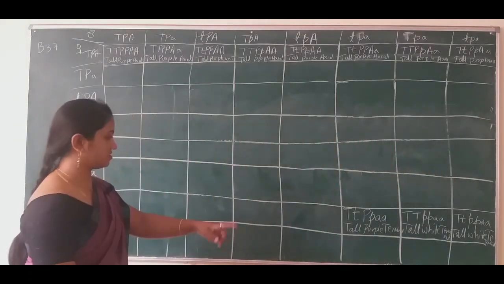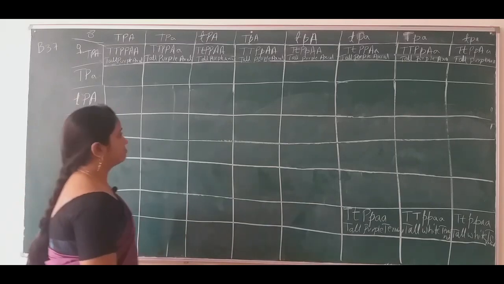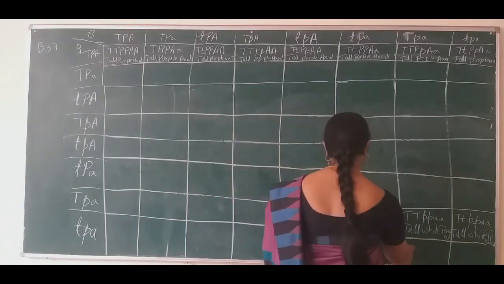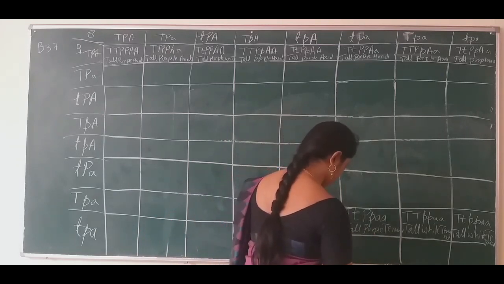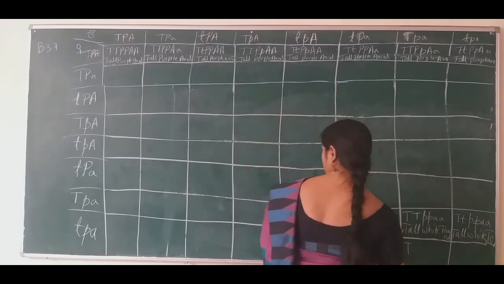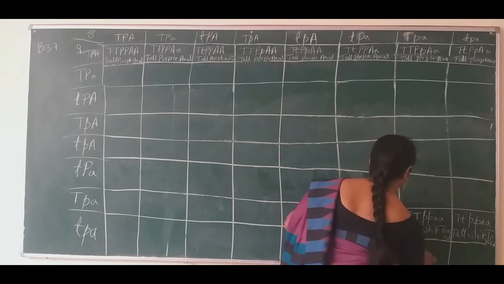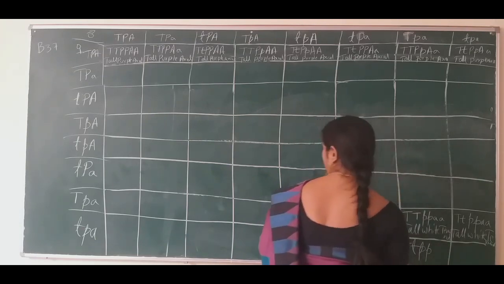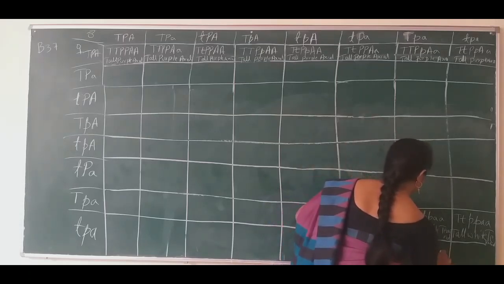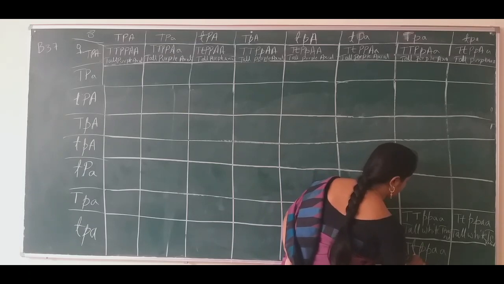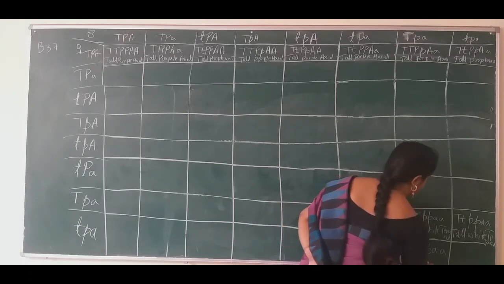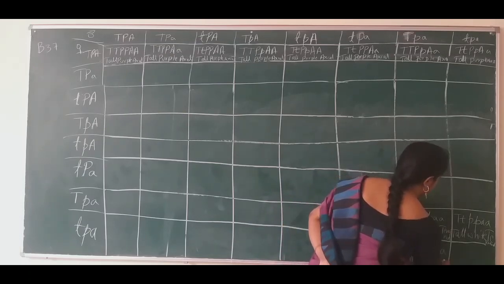And next line I'll write this one. I'm writing capital T, small t, small p, small a, and that is tall, white, terminal.